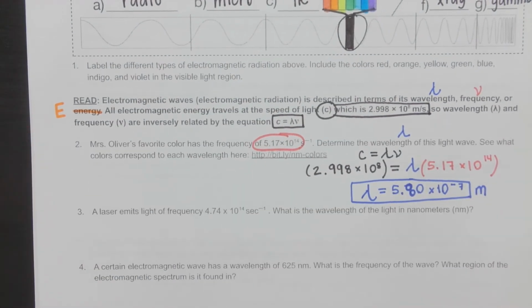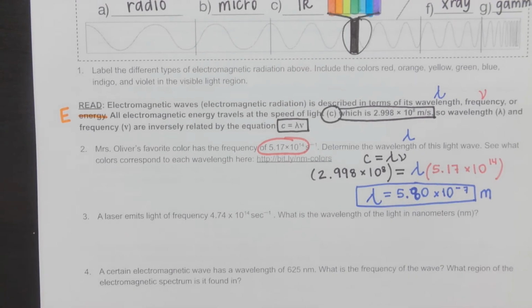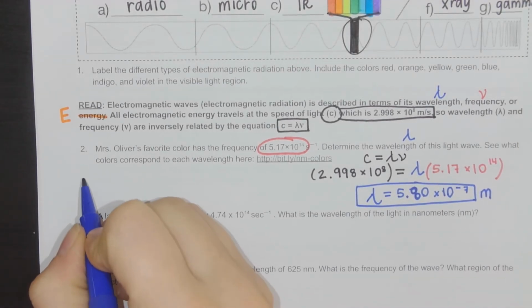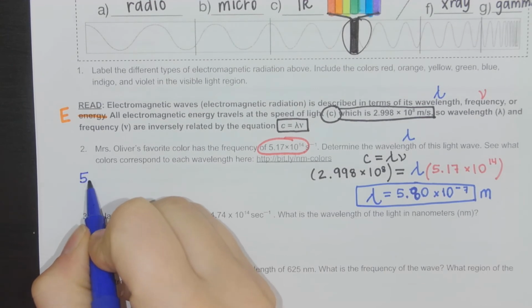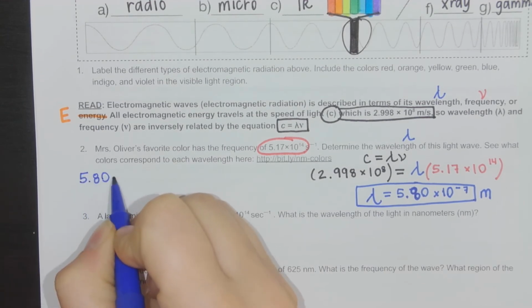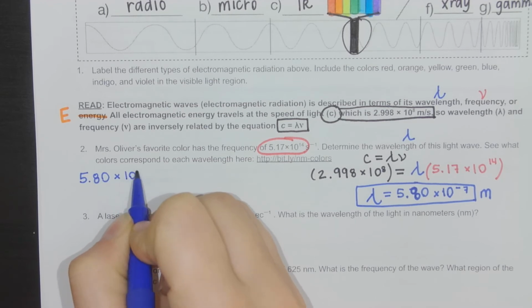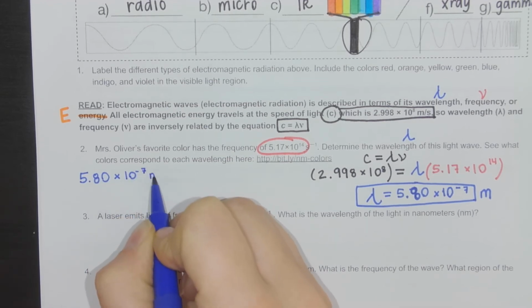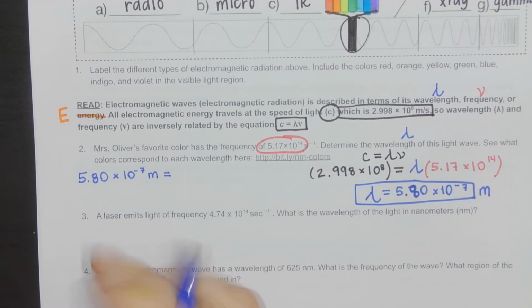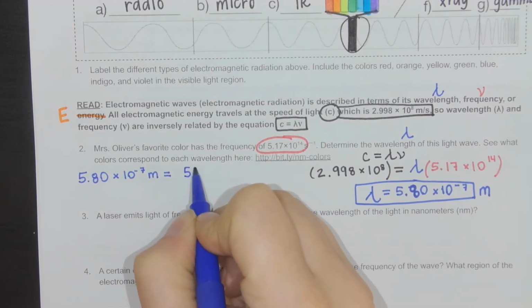So if I have this wavelength, I'll do it off to the side here. 5.80 times 10 to the negative 7. Let me just show you what the answer is going to be and then also how I got there.